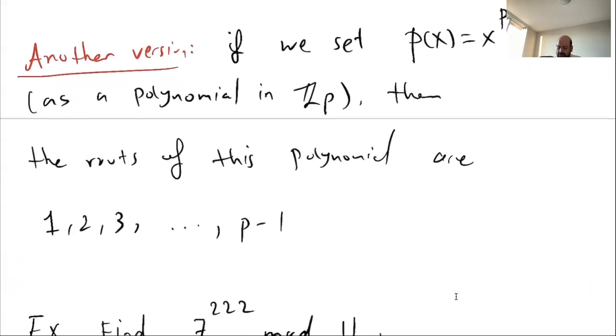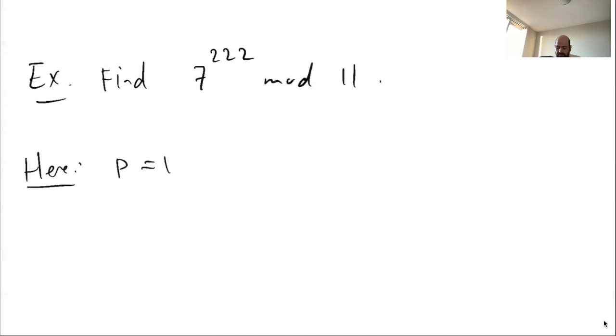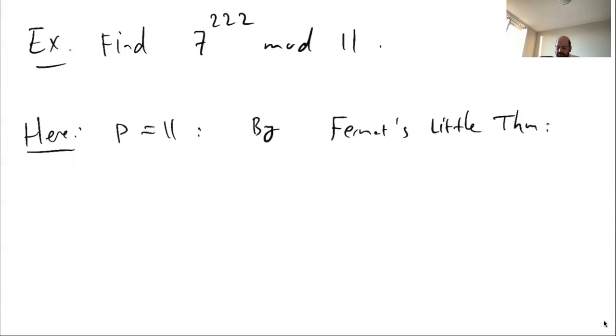Now, what is my p? What is the prime number here? So here p is 11. Every calculation is done mod 11. So my p is 11. So by Fermat's little theorem, what can I say?